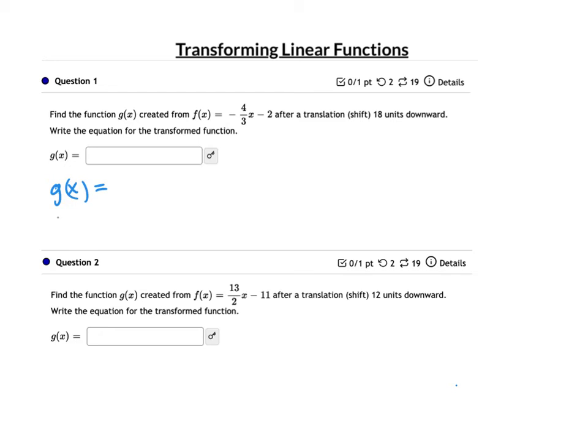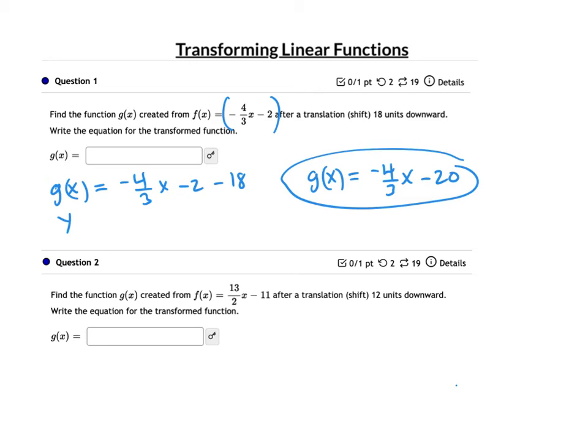So y is what's being affected, that's my y, and this whole thing is my y. So I'm going to go down, so it's negative 4/3 x minus 2, and I'm moving down. It's not the inverse, it's vertical, because I'm going up and down. So down would be minus 18. So my new equation would be g of x equals negative 4/3 x minus 20.